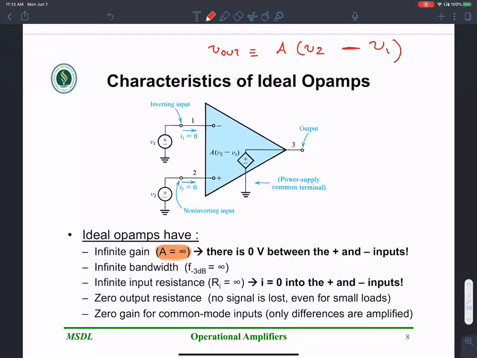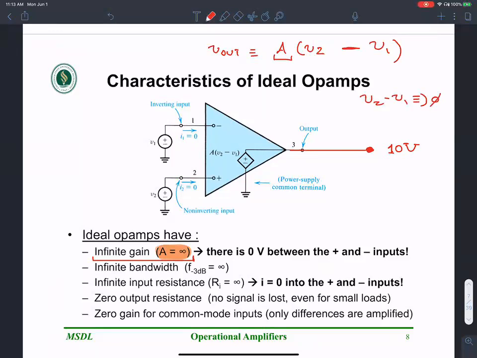Let's pay close attention to this. Let's say the output is a non-infinite value, 10 volts, and the assumption is that the gain is infinity. So the value V2 minus V1 will invariably go to 0.